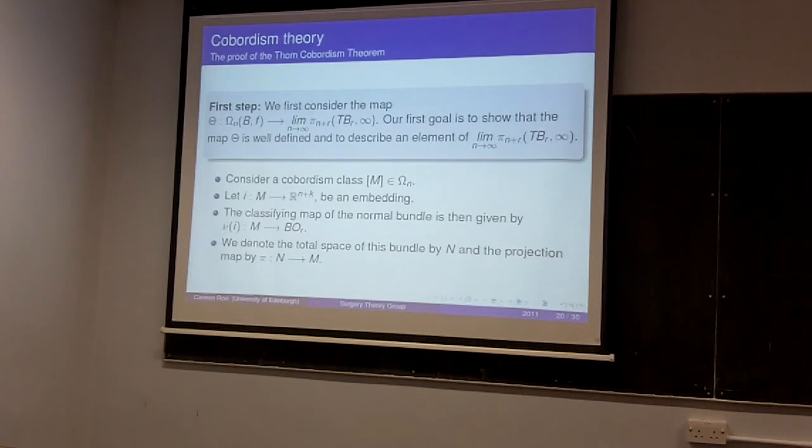By the Whitney embedding theorem, we know that we can do that. We have already met the classifying map of the normal bundle in the first part of the talk. Also some more notation: we're going to use pi for the projection from the total space of the bundle to the manifold M.